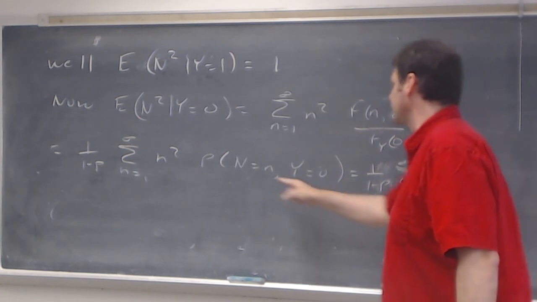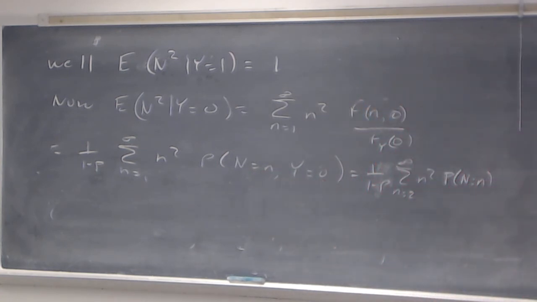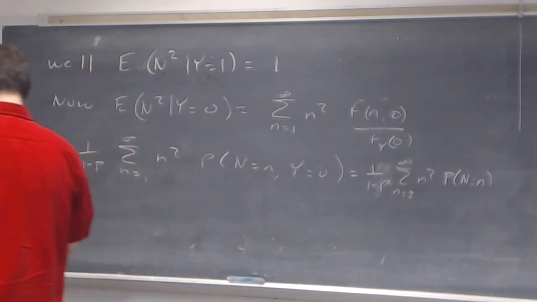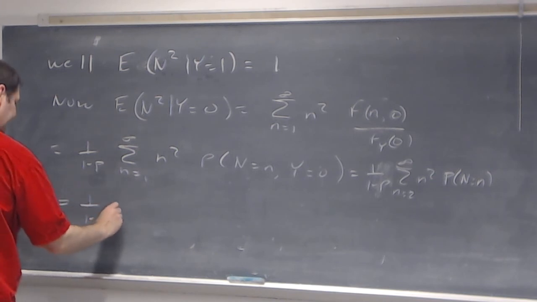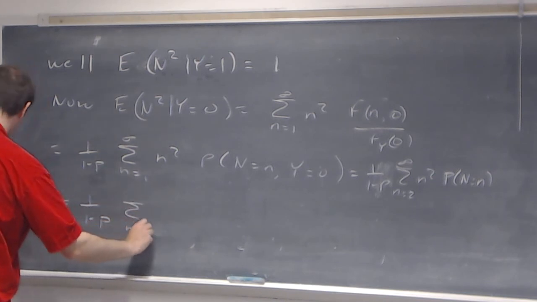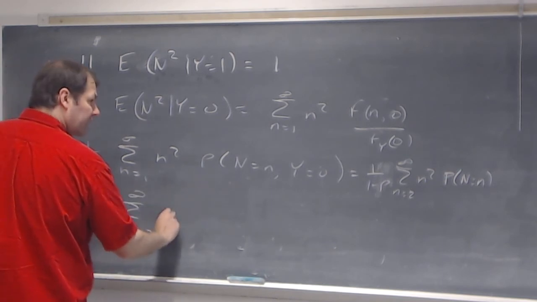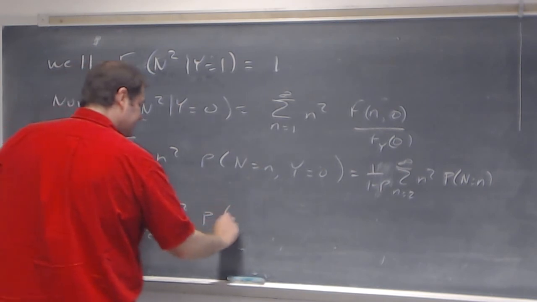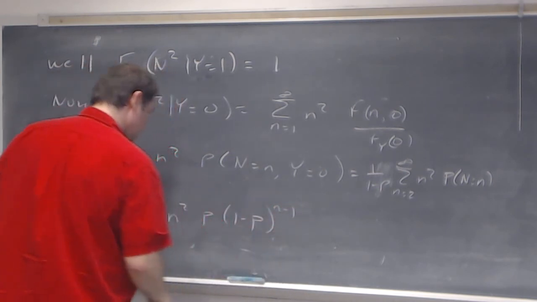When n equals 2, the probability that we got success on the second one and the first one was a failure is the same thing as the probability we got success on the second one. That's going to be true for n being 2 and greater. So this is equal to 1 over 1 minus p, sum, n runs from 2 to infinity of n squared times p times 1 minus p to the n minus 1.